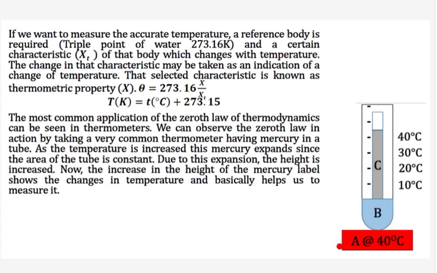Now how did we find the temperature? Because of the expansion, the mercury traveled in the length direction, so we characterized this length with different temperatures. So we have a reference body, which we actually have to define.